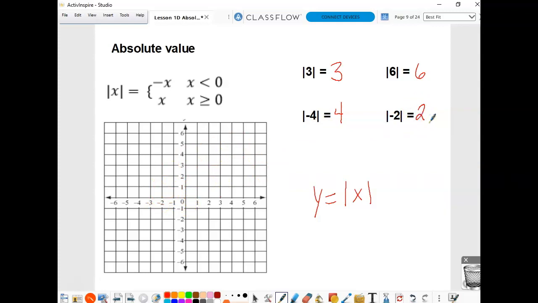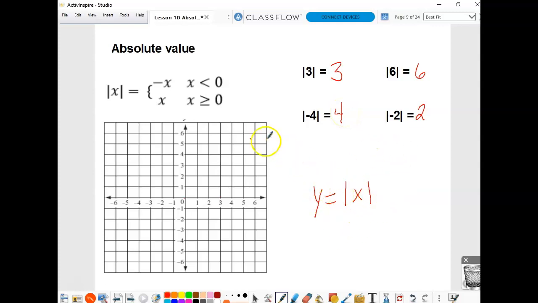Some people get confused and think it's the opposite of what's inside. Basically, because we're talking about distance, this is the cheat that you can use: anything that's inside is the distance of something. So when you bring it outside the absolute value bars, it becomes positive. If it started positive, it stayed positive, like this 3. But if it started negative, it became positive on the outside.